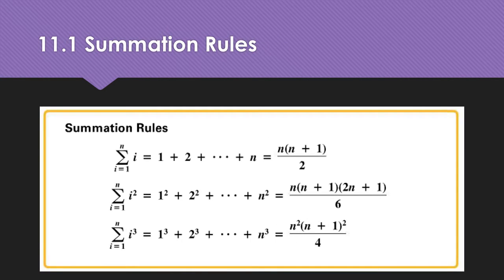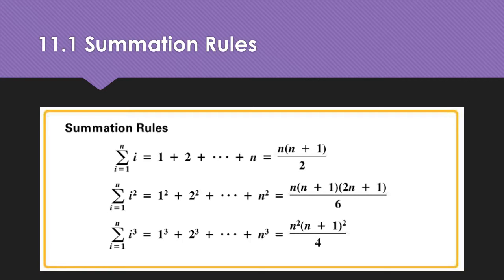Here are a few more rules. When you want to add a sequence of numbers together, there's a really easy trick to it. If it's just a number itself, like you want to add the numbers from 1 through 100, there's a really quick trick for that.